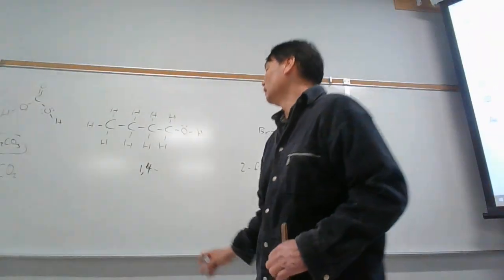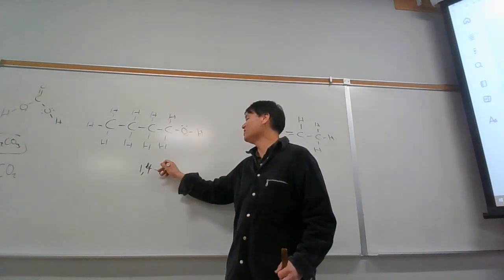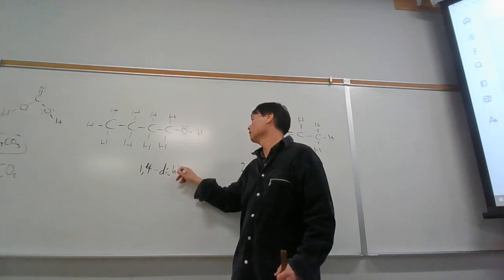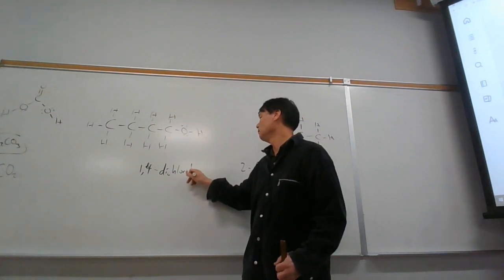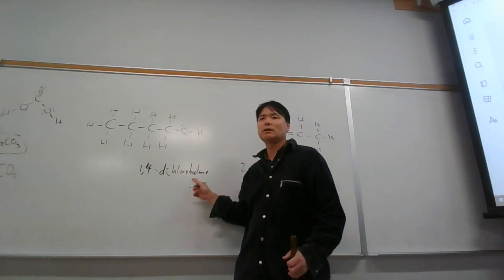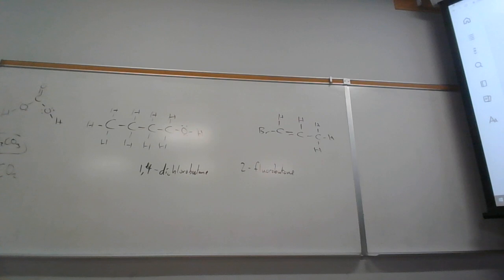Are they both the same? Yeah. Okay. If they're both the same, then we use the di prefix. Di, chloro, and then how many carbons? 4. Butane. 1,4-dichlorobutane. The hyphen there. How about C?